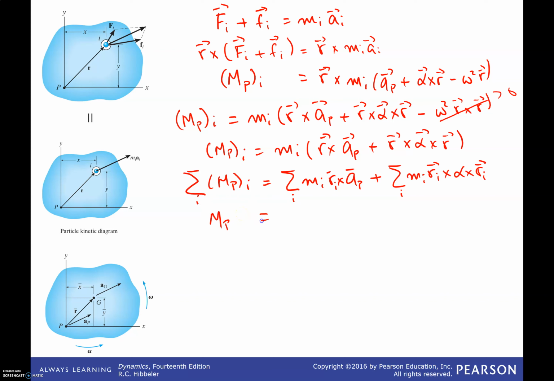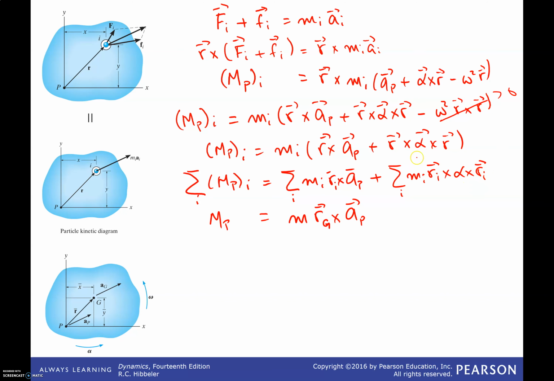You can see that the acceleration of point P actually doesn't depend on the sum, and this sum here is just the mass of the body, which I'm going to call M, times the position of the center of mass, so this is G here. This is M times R_G cross AP. So that's that equation there.